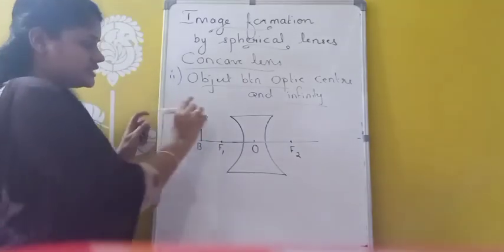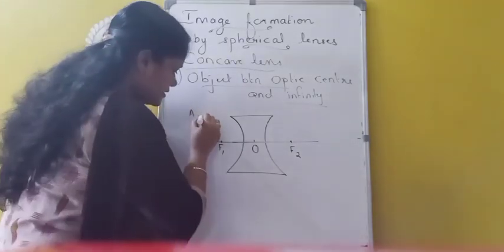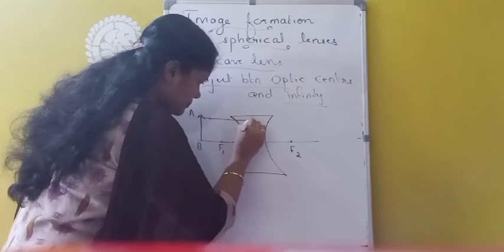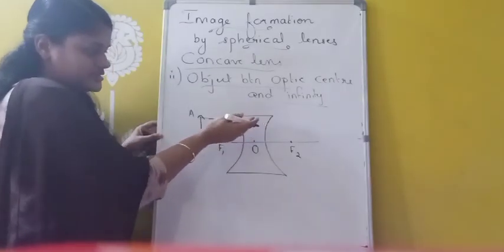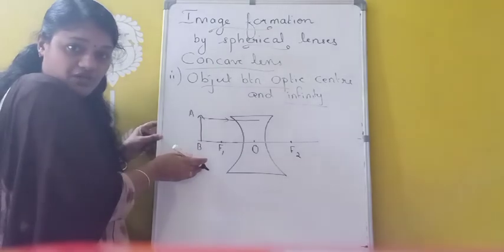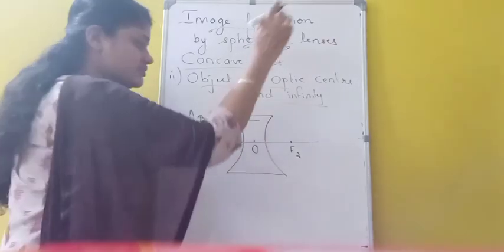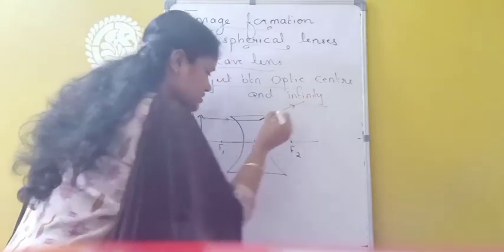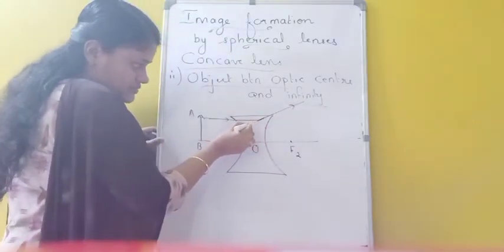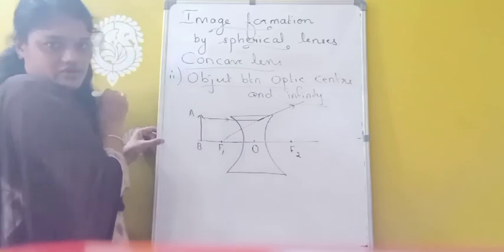Okay. And consider one light ray passing parallel to the principal axis. After refraction, we know what will happen. So this light ray will be diverging. So after refraction, light ray will diverge, but appears to diverge from which point? From the focus. Okay.